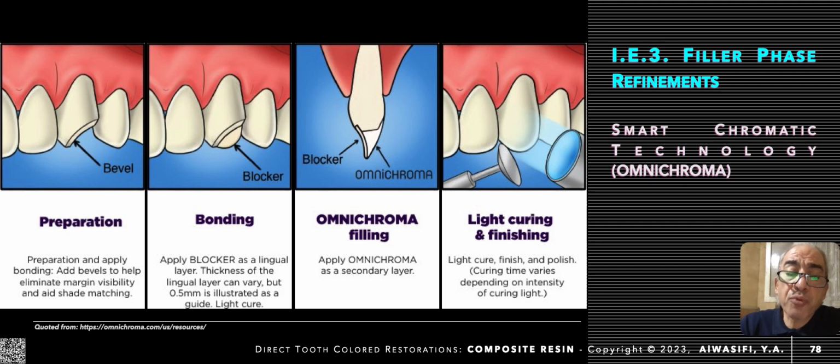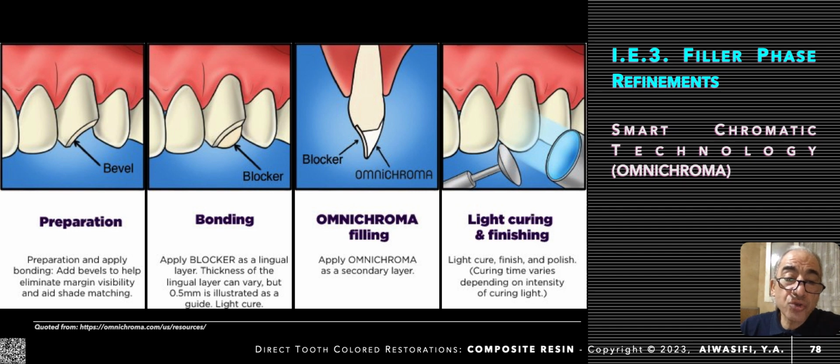The manufacturers provide you with an opaquer of the same color of the tooth. Again, you use a regular composite in the form of an opaquer, just to block out the color of the underneath, or the posterior tissues that will render your composite a pink one.